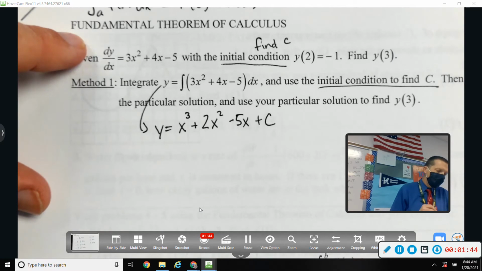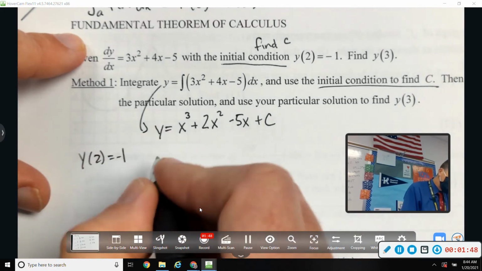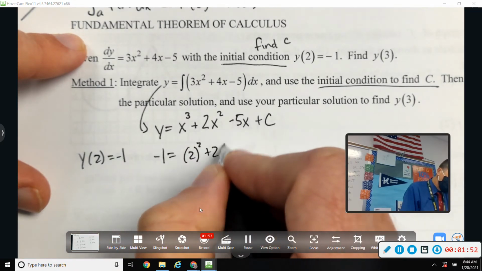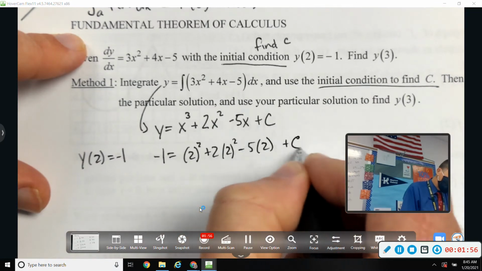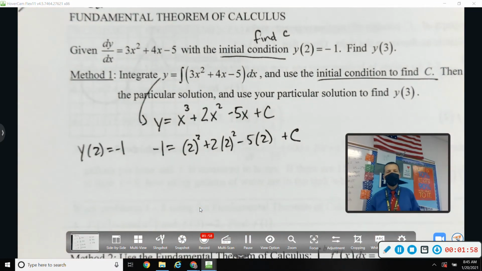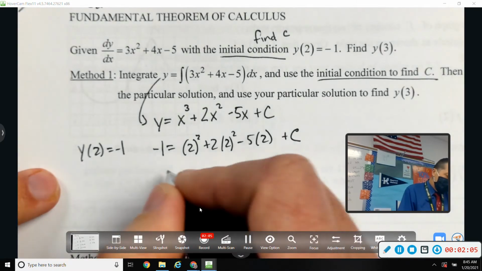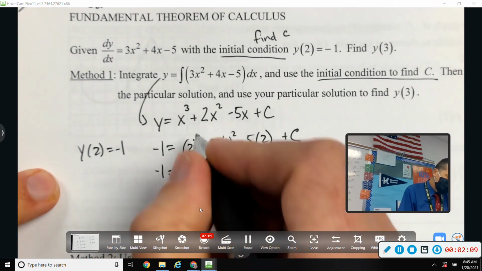And then we know that y of 2 equals negative 1. So if I plug in 2, I can figure out what c is. Let's see, 4 plus, oh, that was cubed, sorry.